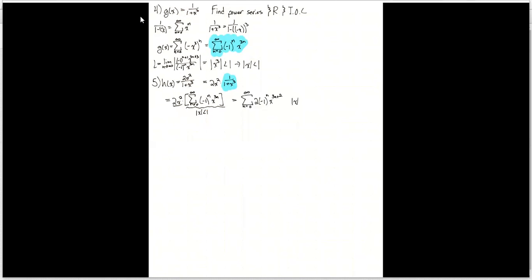And we still have the condition that the absolute value of x is less than 1. So we now have the power series for h of x.